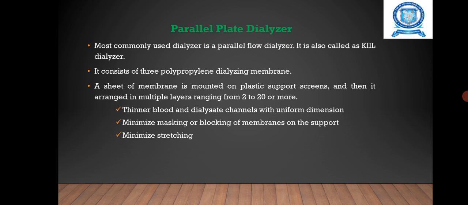This type of dialyser allows parallel blood flow in multiple dialysis flow channels with low resistance to flow. There are some major improvements with this type: thinner blood and dialysis channels with uniform dimensions, minimized masking or blocking of membranes on the support, and minimized stretching.